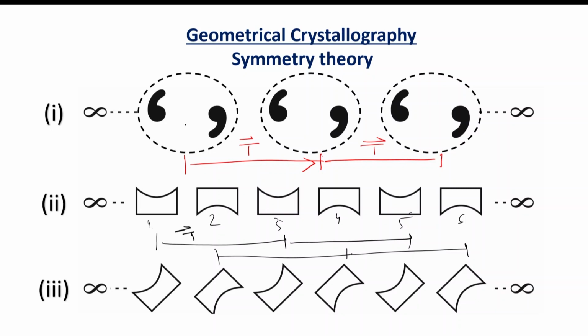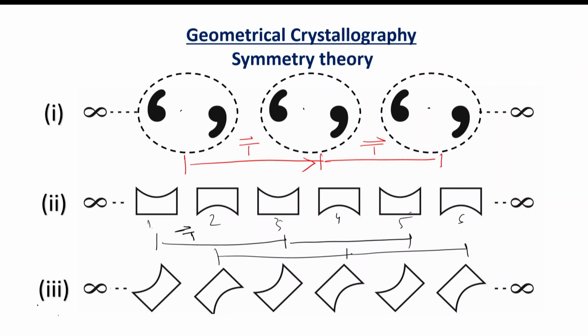Be it the first, the second, or even the third one, each and every time translation is involved from one motif to another motif, or you can also take a combination of motifs, such as motifs 1 and 2, then 3 and 4, then 5 and 6, and if I take the midpoint of this stamp-like operation, I will also get the same translation throughout the zone.